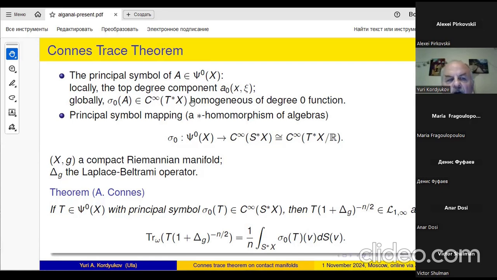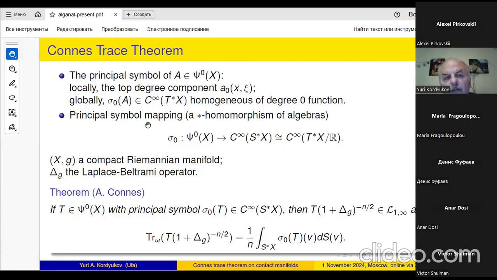But in general, one can show that the principal symbol of a pseudo-differential operator is a well-defined smooth function on the cotangent bundle. So xi should be understood as coordinates of a covector, which is homogeneous of degree 0. So homogeneity remains.